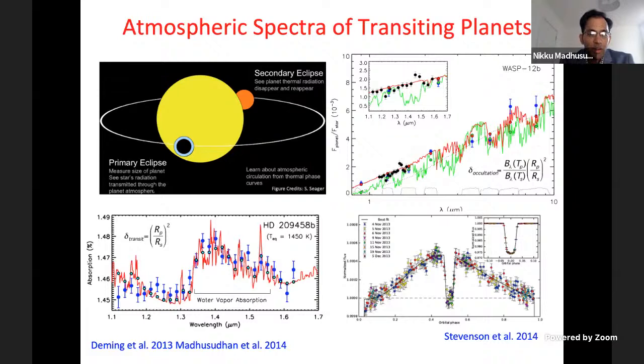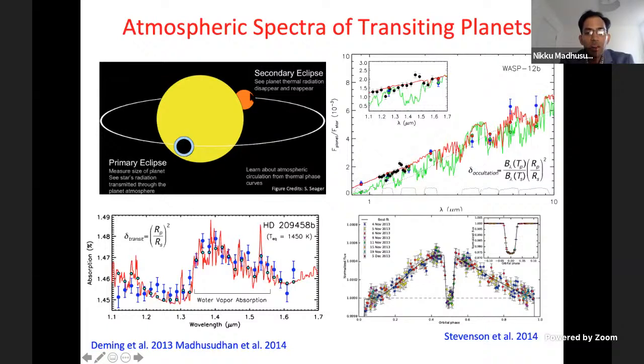And when you subtract that from the before-transit stellar spectrum, you're left with the absorption spectrum of the planet's atmosphere. So that's just the transit depth, okay? The area of the planetary disk over the area of the stellar disk, as a function of wavelength. So you can see in this example, obtained with the Hubble Space Telescope, this huge water vapor absorption around 1.4 micron from that sort of geometry.